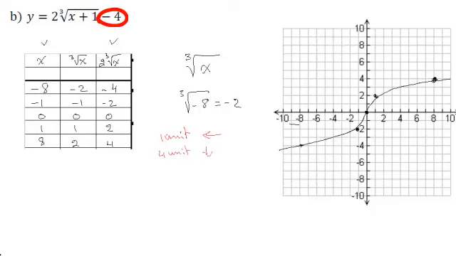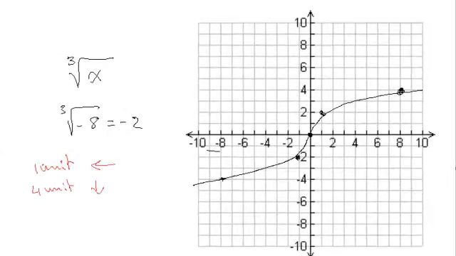So for all the points we did here, we take 1 unit left and 4 units down. Take this point, 1 unit left and 4 units down: 1, 2, 3, 4. This would be the first point. We go for the second point, 1 unit left, 4 units down.